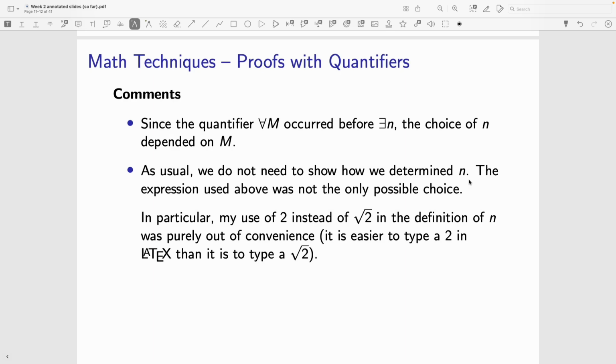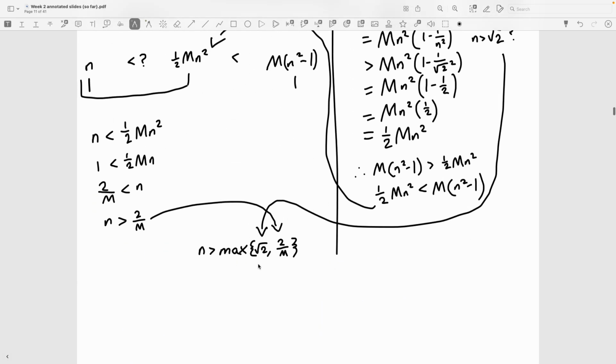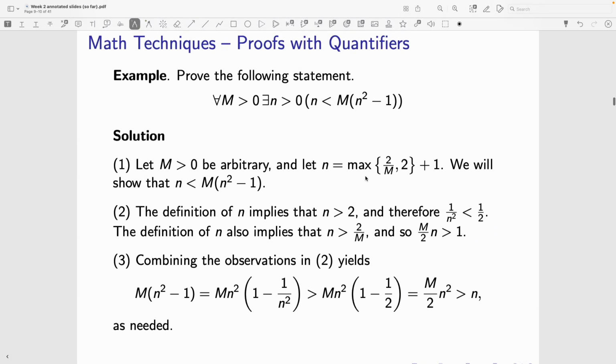This point's important. In the actual thing that you hand in, you don't have to show how you determined n. You can just say it and pretend that you were genius level enough to just go, looking at that question, I think it should be a maximum of 2 over m or 2, plus 1.